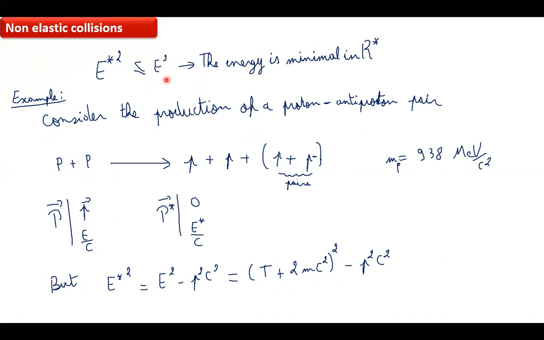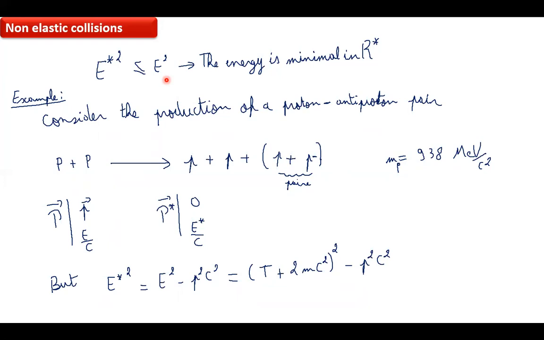So in R star, this is a condition that you can always consider. The energy is minimal in R star, the total energy, not for a specific particle. When you calculate the total energy, it is a minimum in R star.